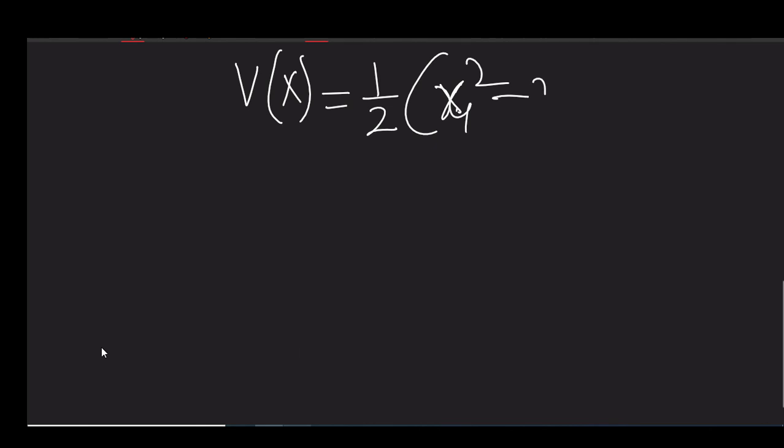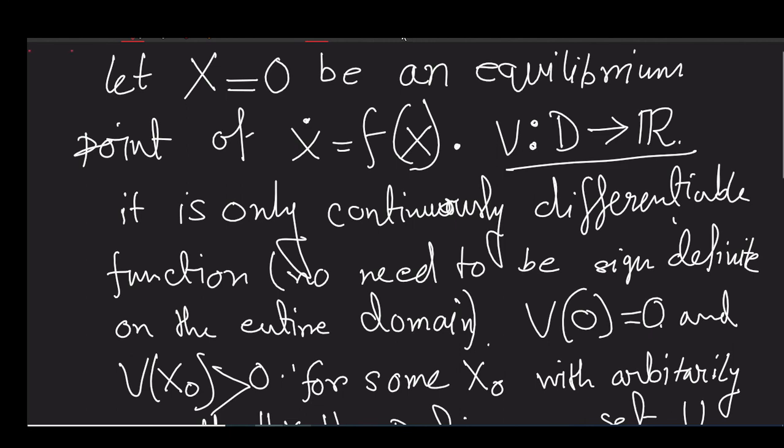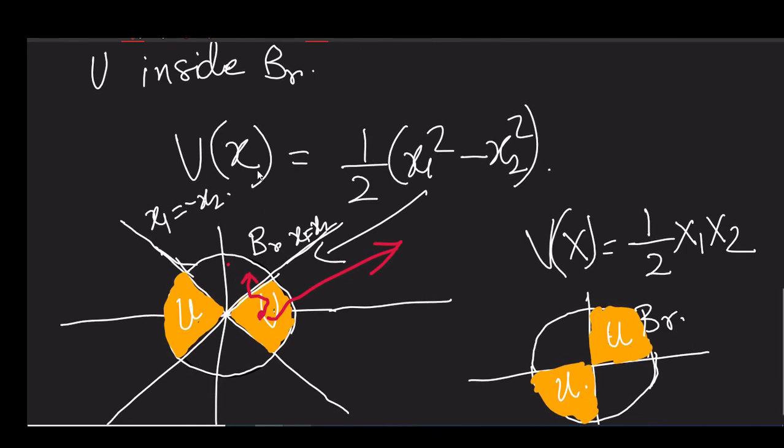So for that neighborhood, what we can write, from that, if we take this V(x) equal to half of that same one, and then you can see the diagram, let me just copy that diagram here. This one.